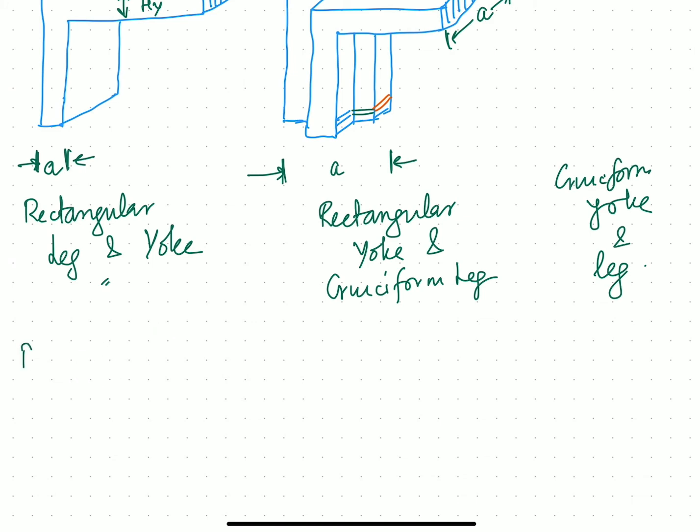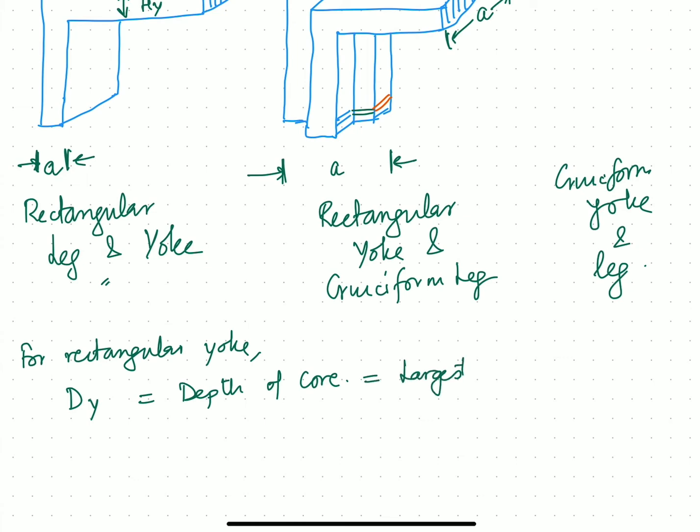For a rectangular yoke, the depth dy is the same as the depth of the core, and this is equal to the largest core stamping A.